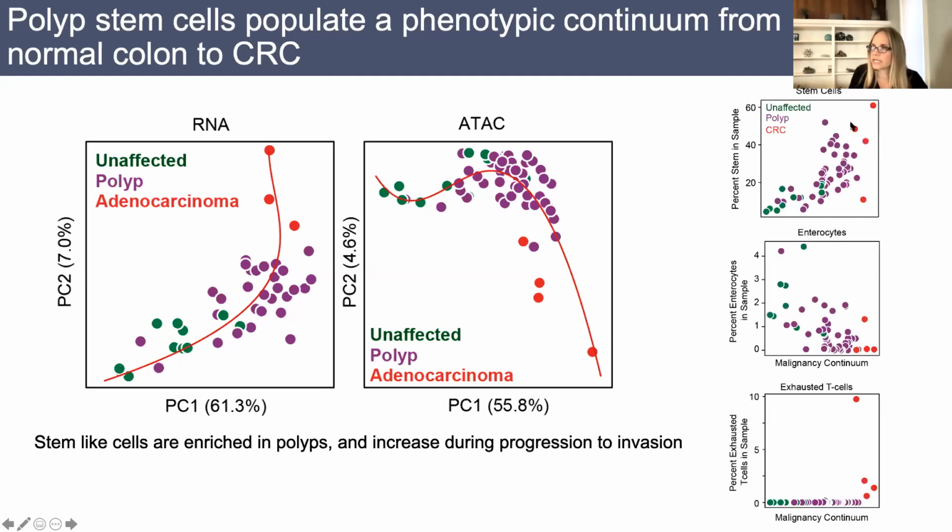We can see how this looks first for the stem cell markers, but we also find, quite strikingly, that it's not only the stem cells that increase in terms of the percent stem cell fraction along this continuum to malignancy. There are many other cell types, including enterocytes as well as exhausted T cells, that show this same trajectory along the continuum to malignancy.